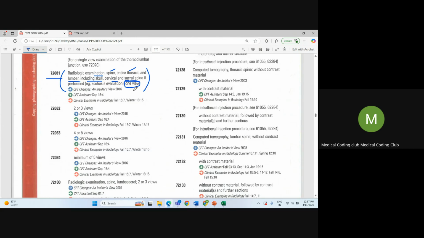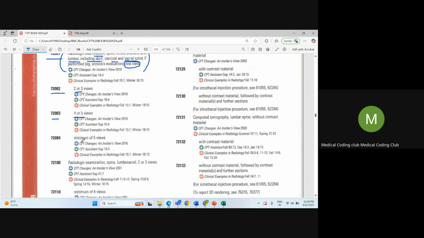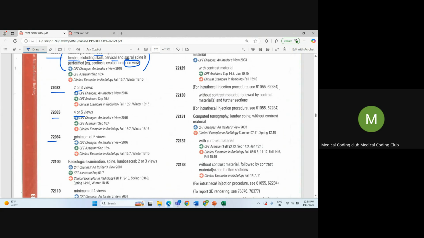Only one view is there in the standalone code, and in the indented codes 72082 says 2 to 3 views, 72083 says 4 to 5 views, and 72084 says minimum of 6 views. Okay, minimum. To code 72084, you should get at least 6 views, then only you can select 72084.